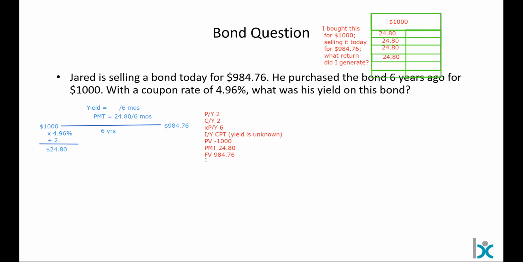And bonds are always solved on end. Can we figure that out? And everybody should be picking up their calculator right now. Okay.